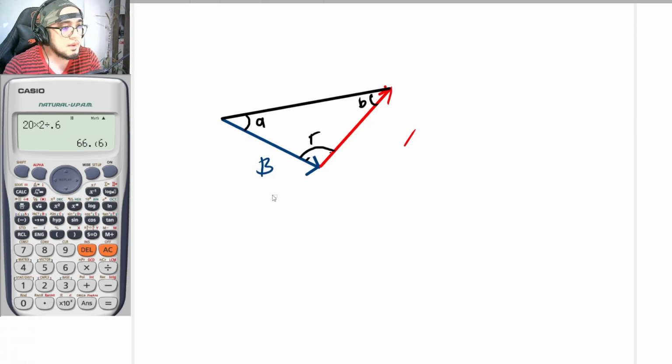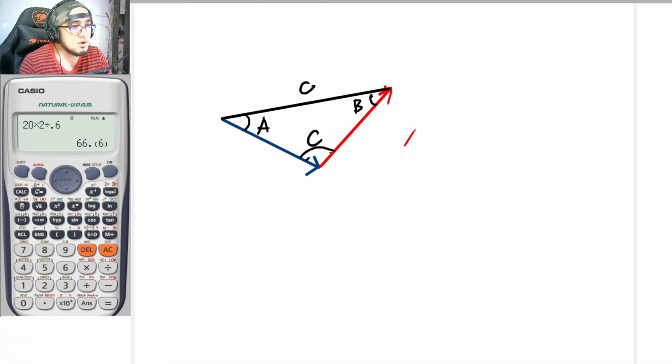So what I mean here is that in some of the books, ito A yan daw, ito daw C, ito daw B na capital, then ito daw small c, this is to be small b, then this is to be small a. So do not get confused.